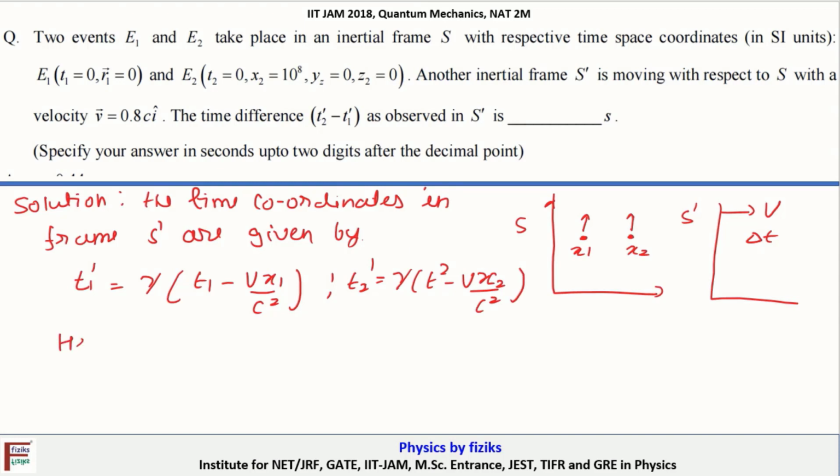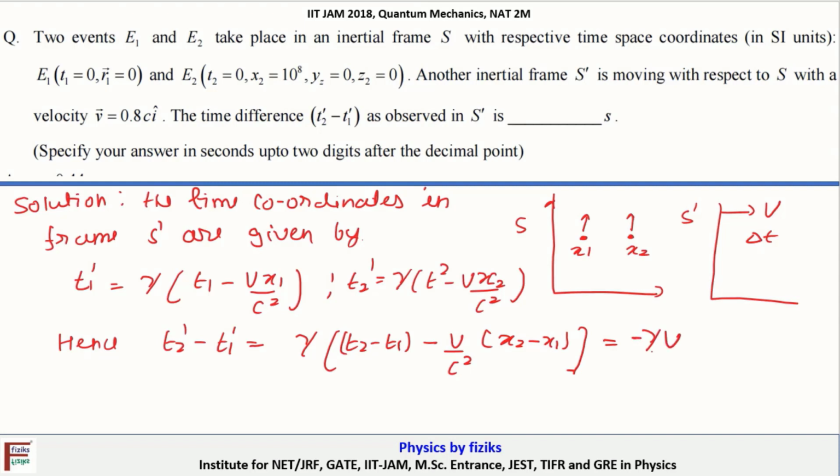Hence, T2 dash minus T1 dash equals gamma (T2 minus T1) minus v by c square into (x2 minus x1). That means gamma v by c square into (x2 minus x1), as here delta t equals 0.